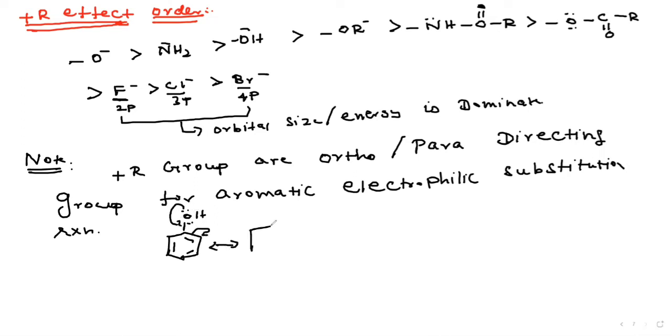Then I get this type of resonance structure: here minus charge, then double bond, O, H and plus. Now again, do one more resonance. This shifts to here, this shifts to here, right? Therefore I get here minus charge, plus in double bond, in O, H plus.